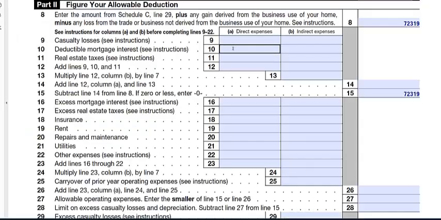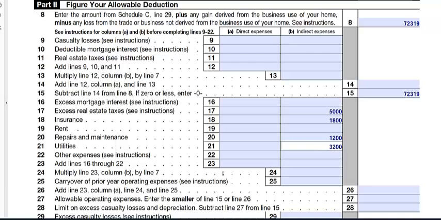So let's get our expenses in. We had real estate taxes of $5,000, insurance of $1,800, repairs and maintenance, $1,200. Utilities, $3,200.